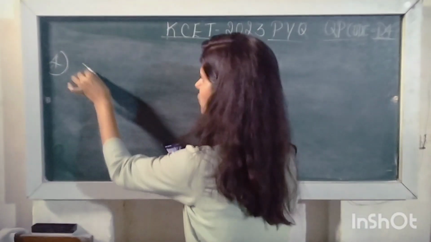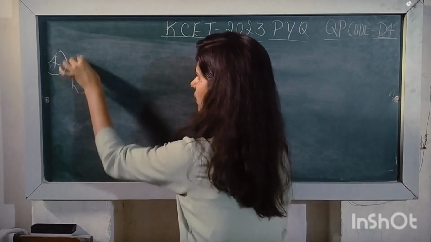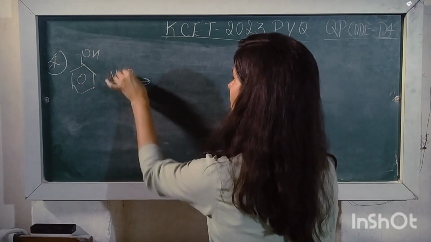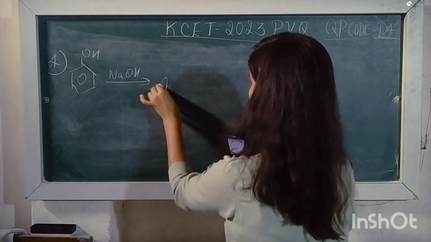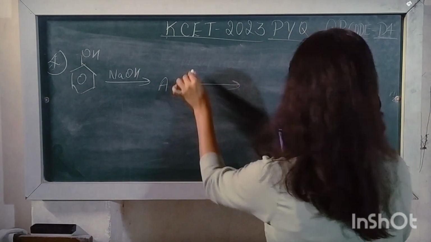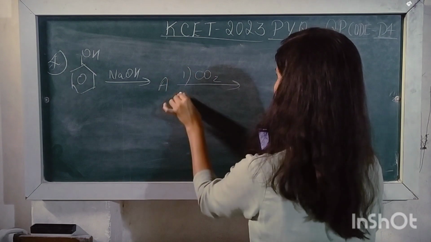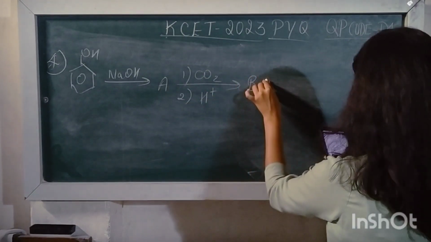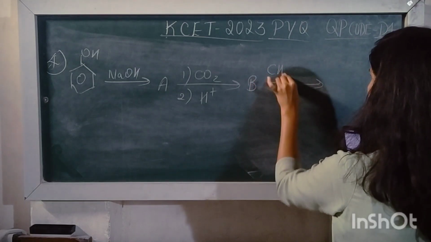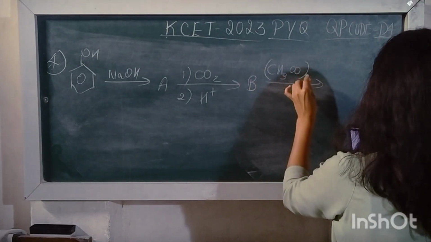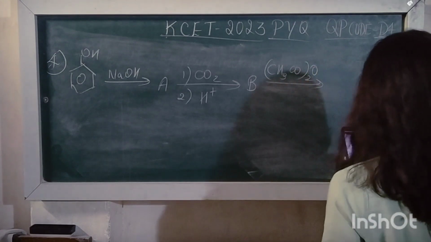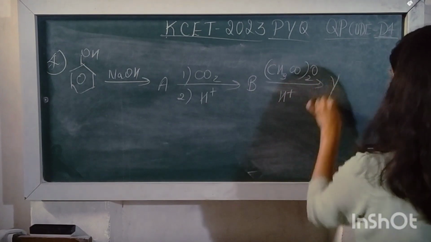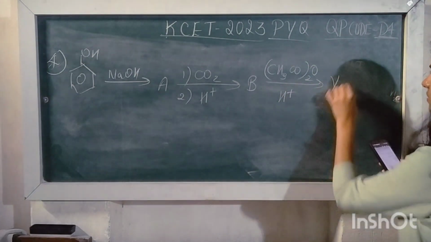They have given an equation like this. Phenol reacts with NaOH to give A, then CO2 and H plus to give B, and again with CH3CO acetic anhydride to give Y, the major product.